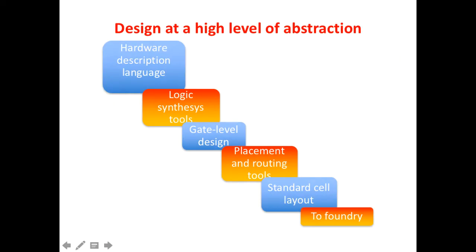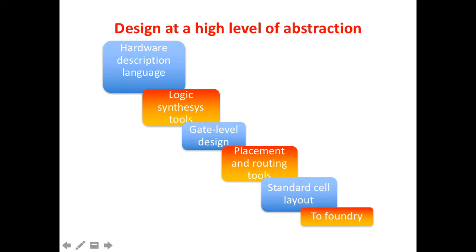Okay, this is the typical process. You can also observe that this type of process is very convenient for a fabless operation, because from here to here, basically, you don't need to interact with the foundry.